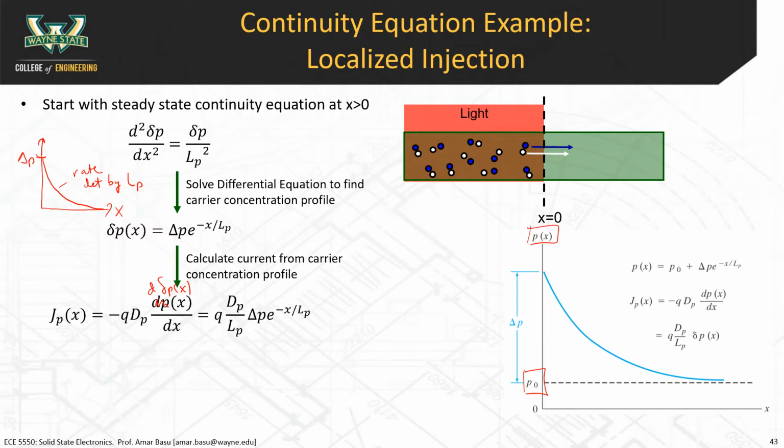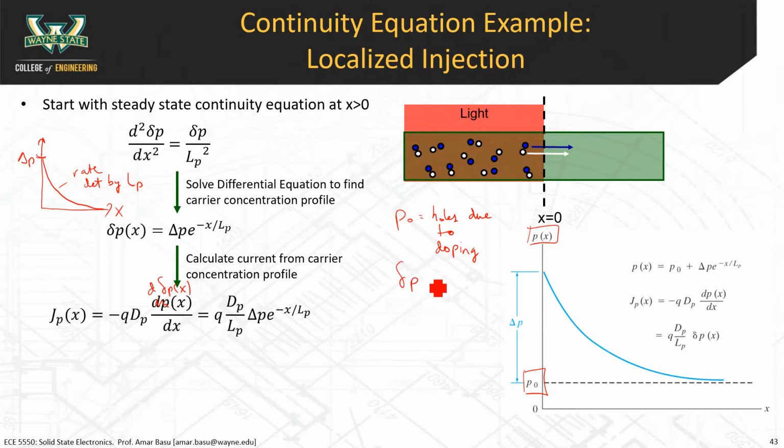I see some puzzled looks. So just remind everyone that p0 is the holes due to doping. So this is before we shine light on the material. Without light, this is what the hole concentration would be.